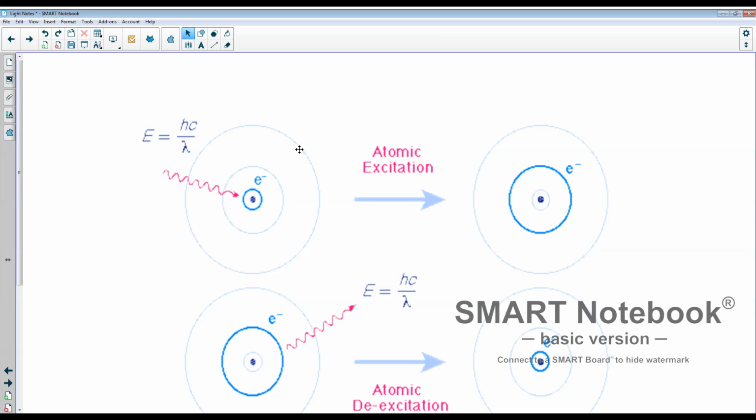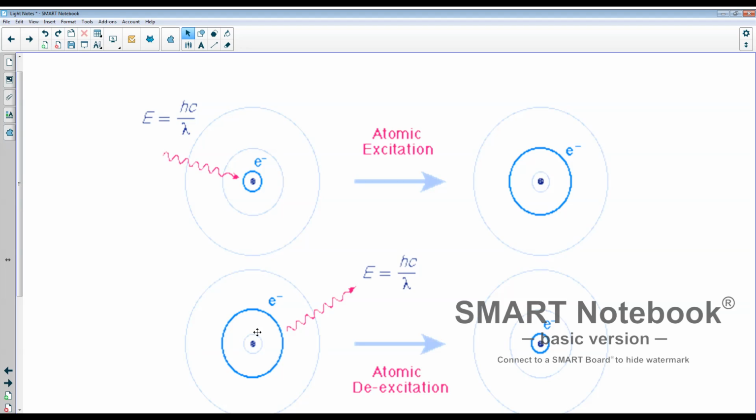And so when they absorb energy, they always jump to a higher energy level, but that's only sort of quasi-stable. They'll eventually fall back down to a lower energy level. And whatever the energy difference is between the inner and outer level, they'll eventually re-emit that exact amount of energy in the form of light.